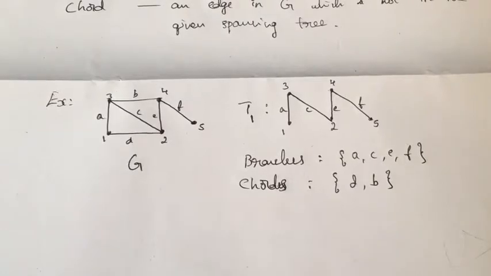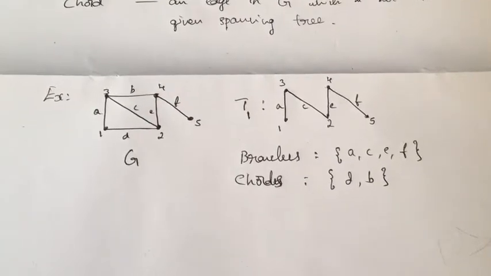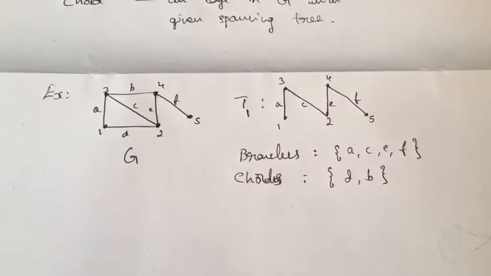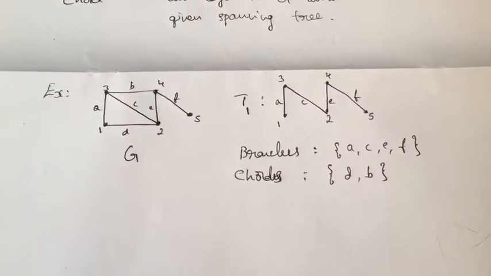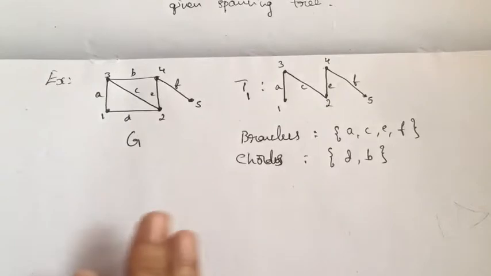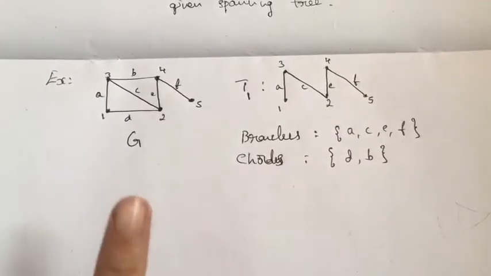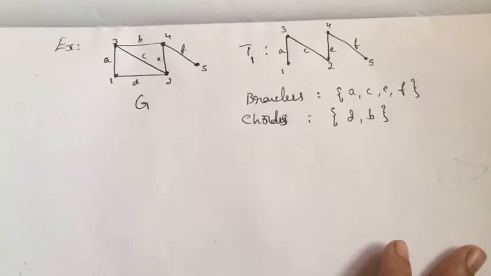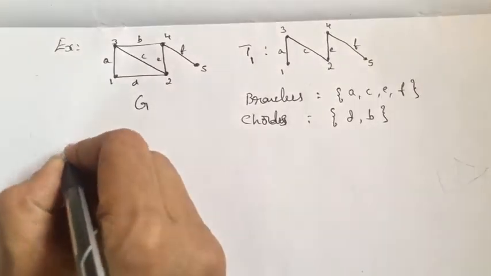Now, distance between two spanning trees. If I have two spanning trees, then what is the distance between them? That is the number of edges in G which are present in one spanning tree but not in the other. I'll explain with an example.